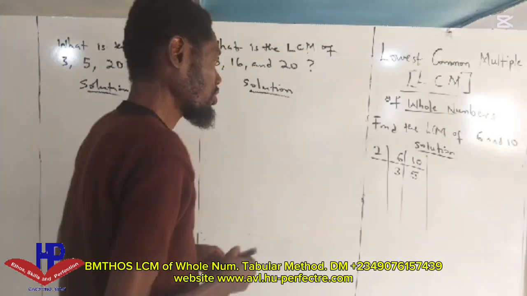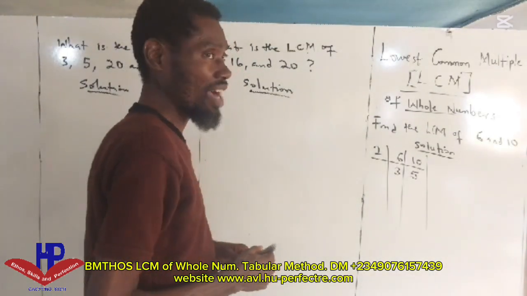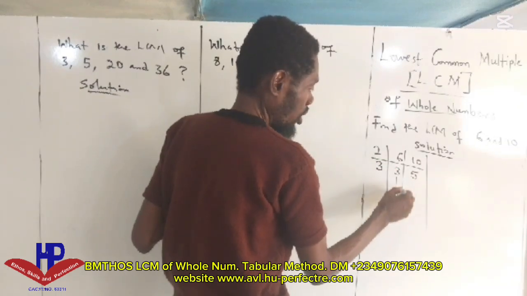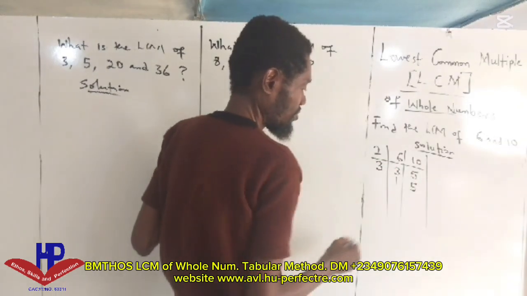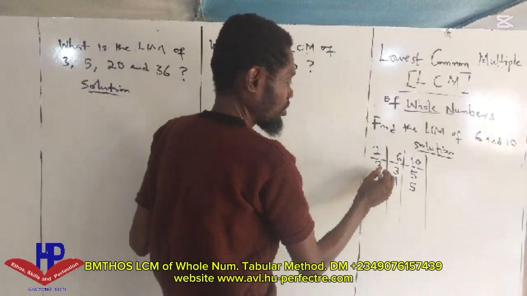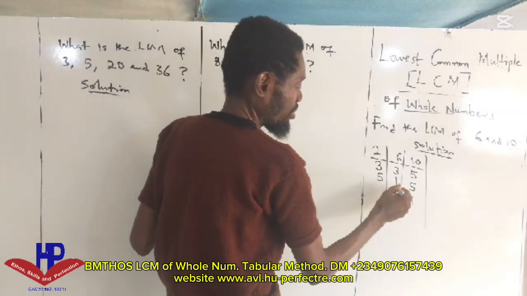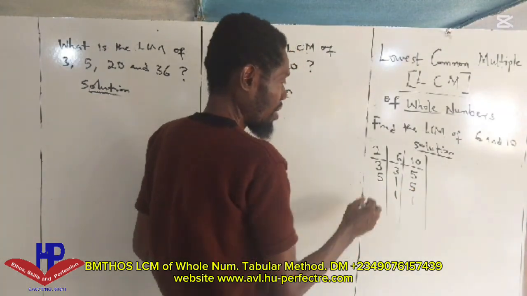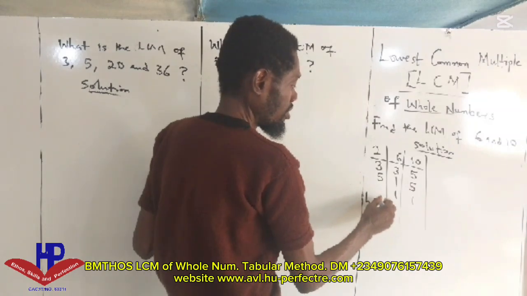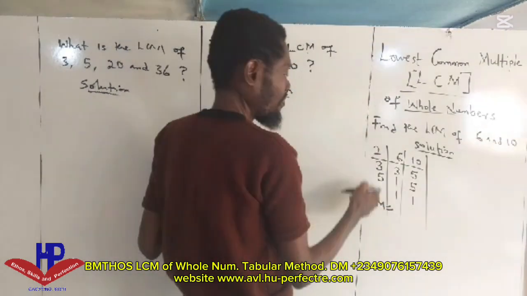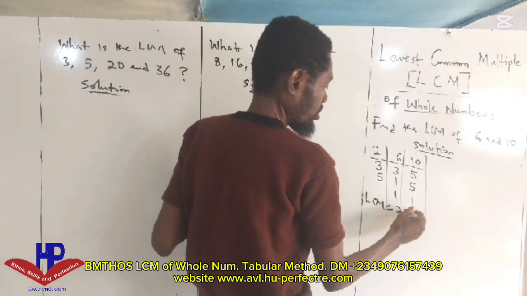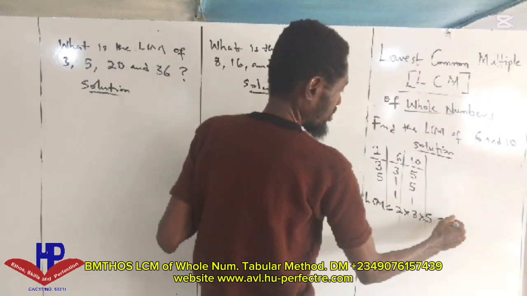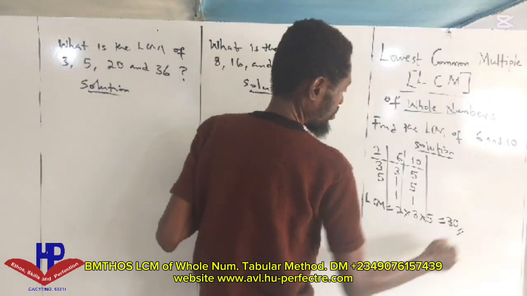Since no number can divide 3 and 5 at the same time, 3 will divide itself, 1, you bring down 5. 5 will divide itself, 1, you bring down this 1. You can see we have arrived at 1, 1. So our LCM will be the product of these factors: 2 times 3 times 5, that will give us 30 as the result.